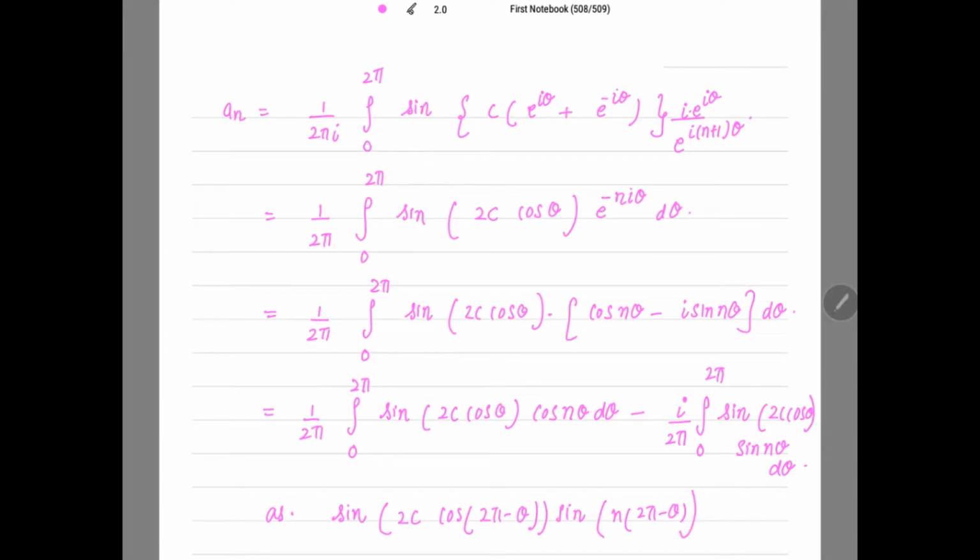This is equal to minus sin of 2c cos theta sin n theta, because sin of 2 pi is 0 and cos of 2 pi minus theta is minus cos theta, the fourth quadrant. So this is nothing but minus of this whole function. So this integral is equal to 0.